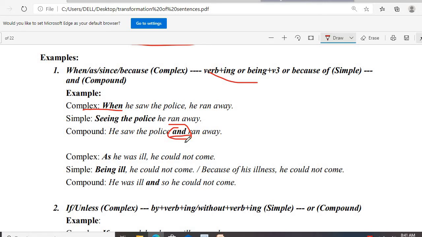He saw the police and ran away. Here the subject he has been omitted, because in a compound sentence, if the subject of the first clause and second clause are the same, then in the second clause, the same subject need not be written.